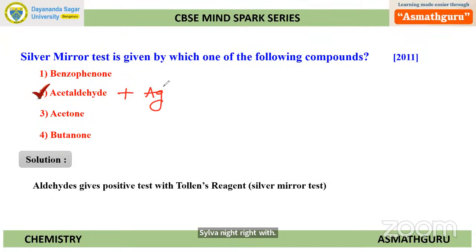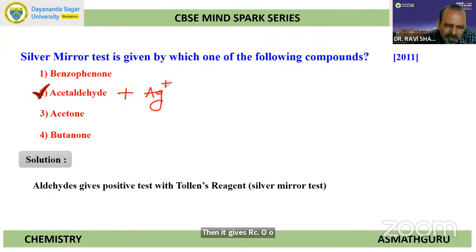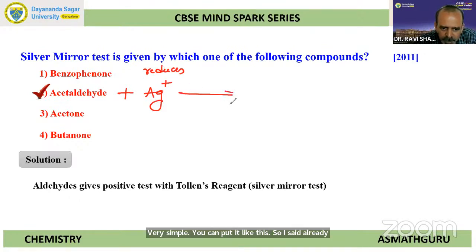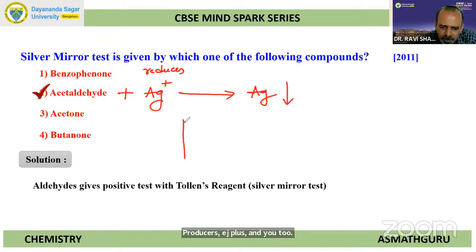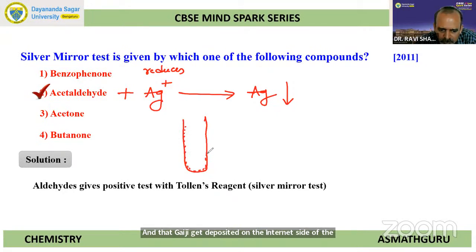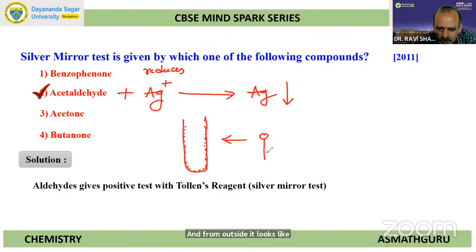Then it gives RCOO minus and silver mirror. Very simple. Acetaldehyde reduces Ag plus, and Ag plus becomes Ag. That Ag gets deposited on the inner side of the test tube, and from outside it looks like a silver mirror.